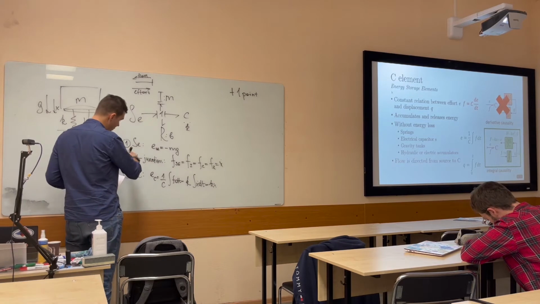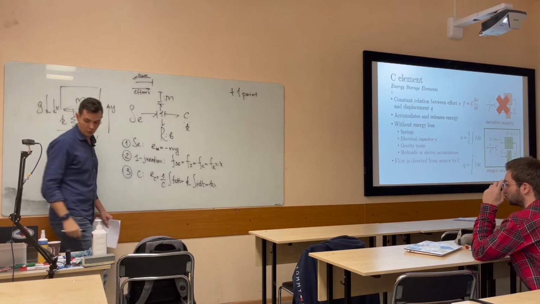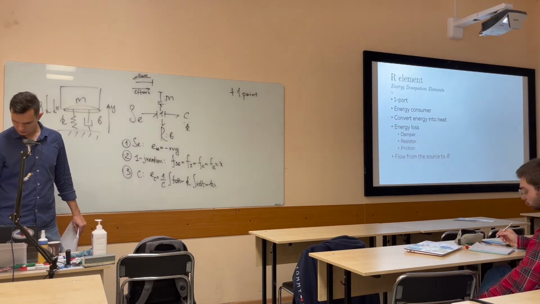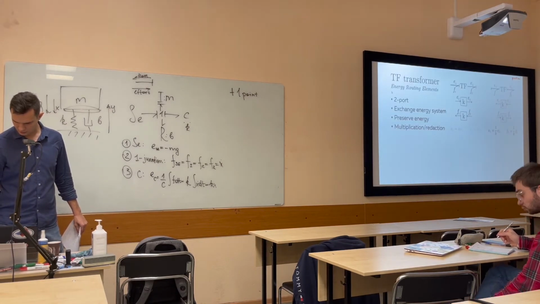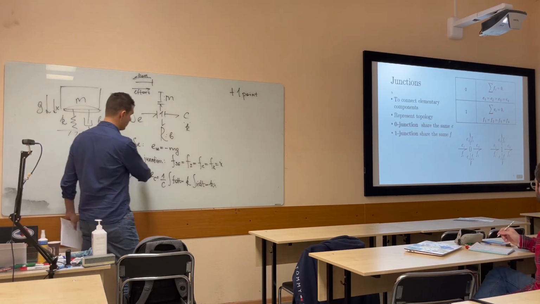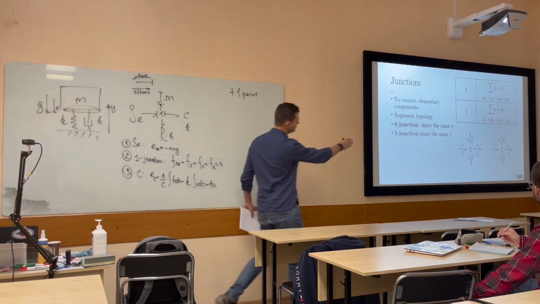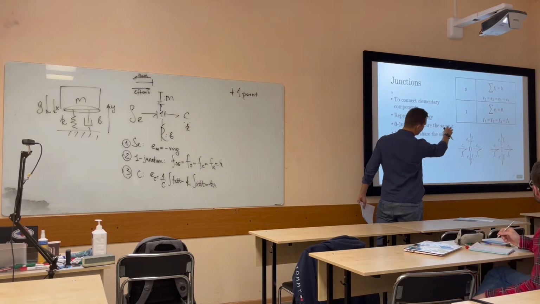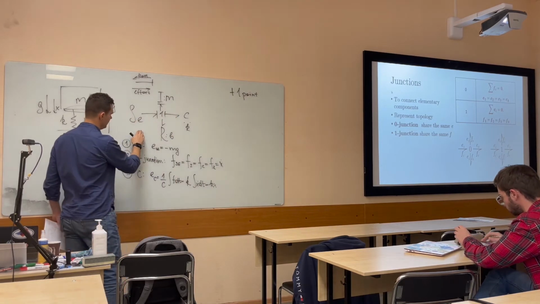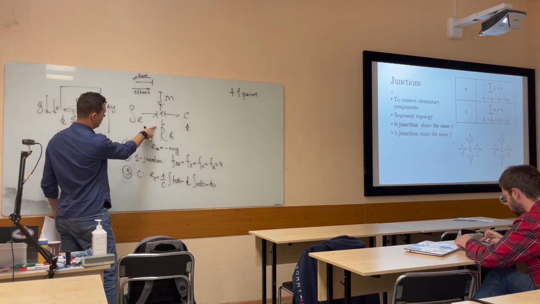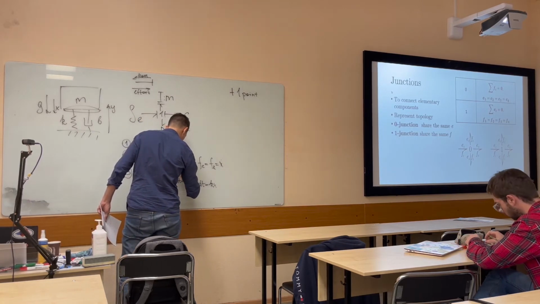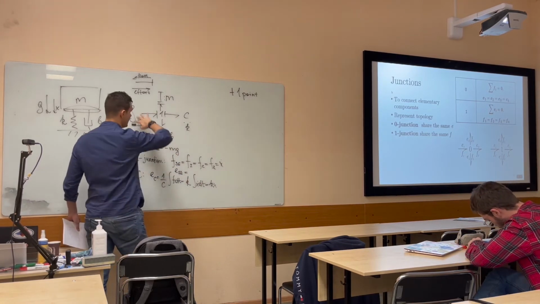By the way, for one junction, we can write down two equations. So let me write it down. For the one junction, we know that the sum of the efforts is supposed to be equal to 0. But now here we send input effort, so it will be E_SE equals the sum of all others.